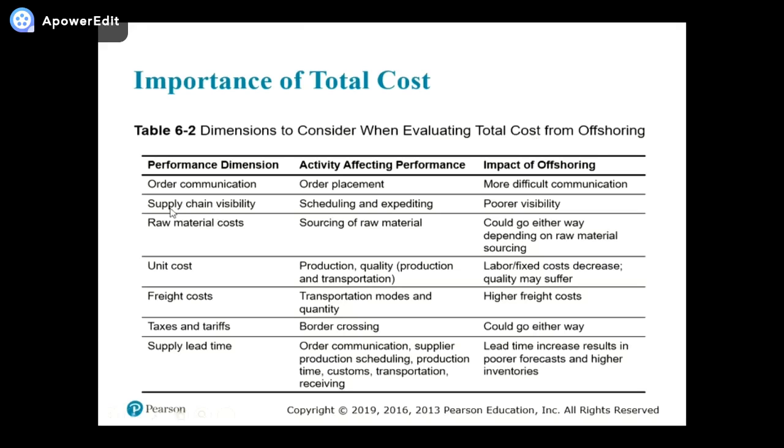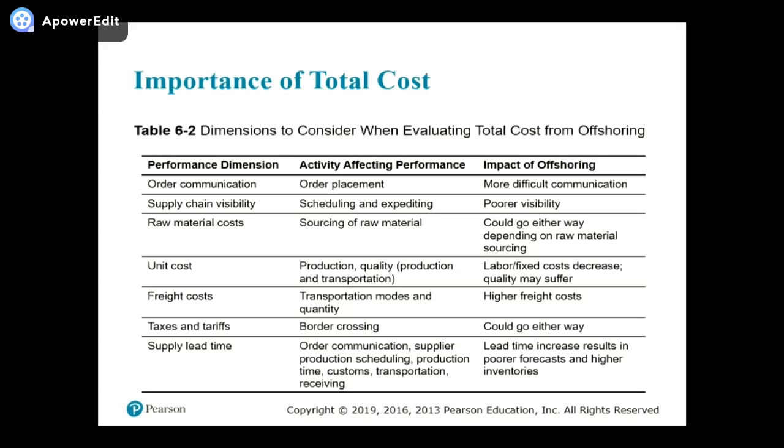For one, the communication of orders. How easily you can place an order and receive an order is more difficult because of the distance and cultural and time differences between supply and demand. And then obviously visibility within the supply chain becomes less and less as the supply chain expands to farther and farther locations.